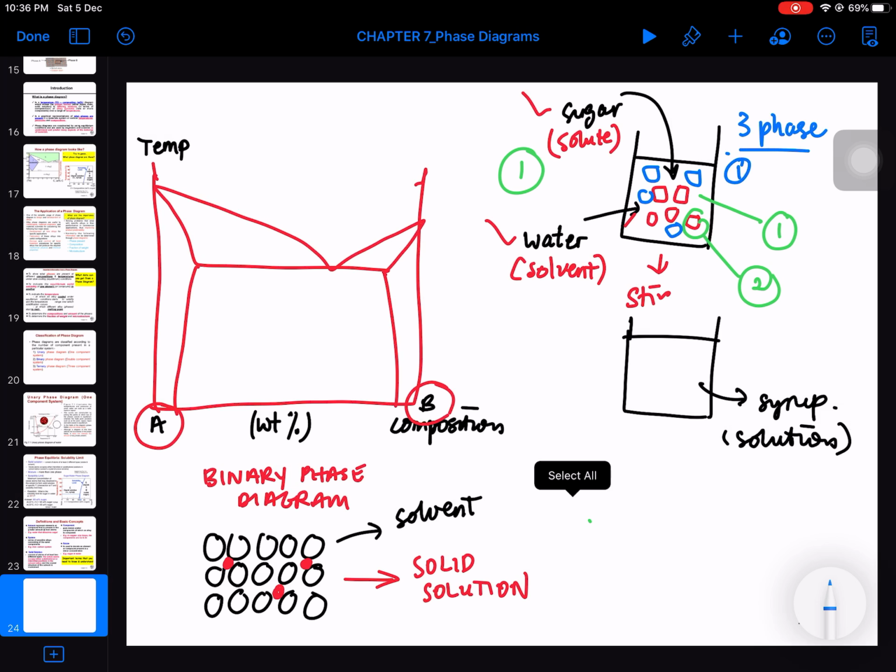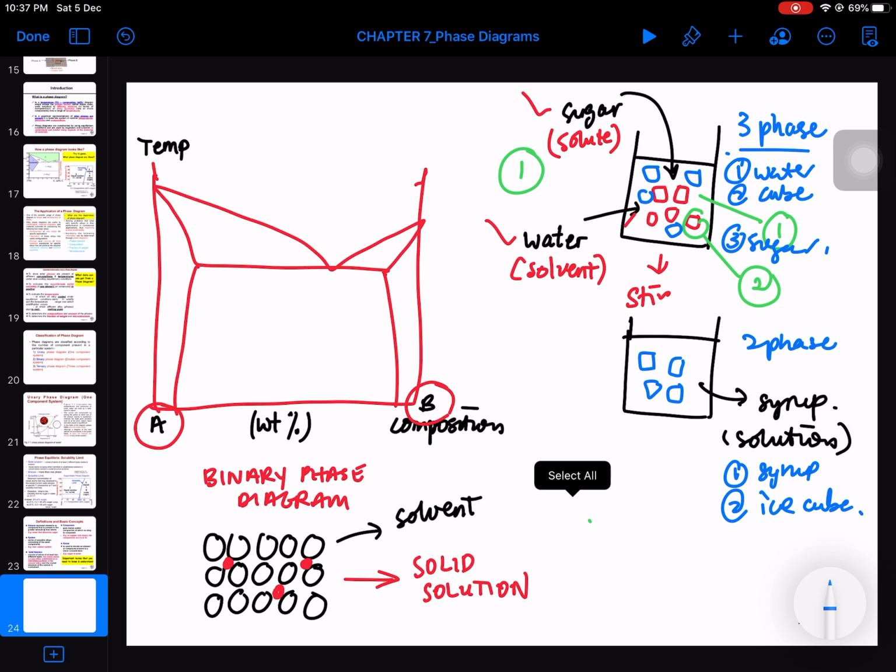One for the water, which is liquid, number two for the ice cube, and number three for the sugar. If we stir the water and the sugar dissolves in the water, but leaving the ice cubes here, now it's a two-phase system. One is for the syrup solution, and the other one is for the ice cube.